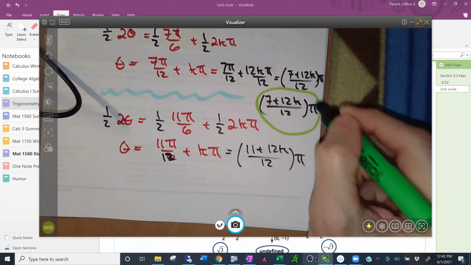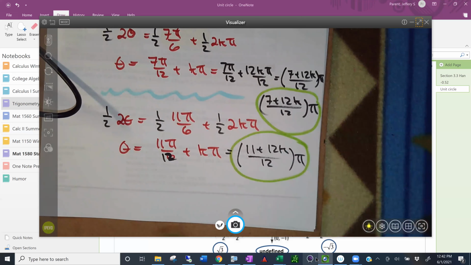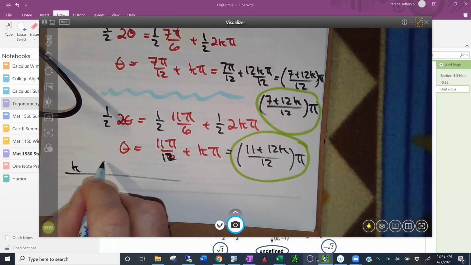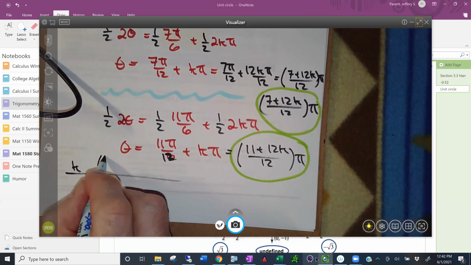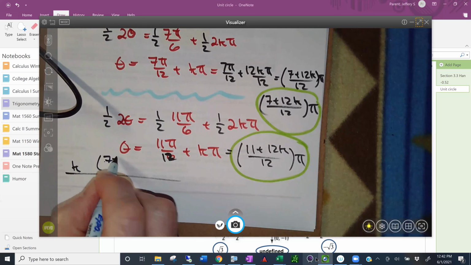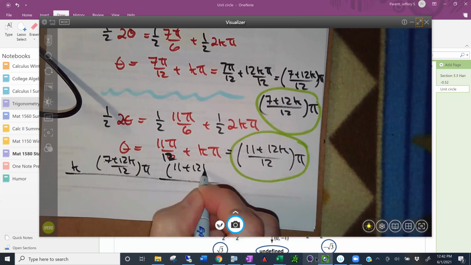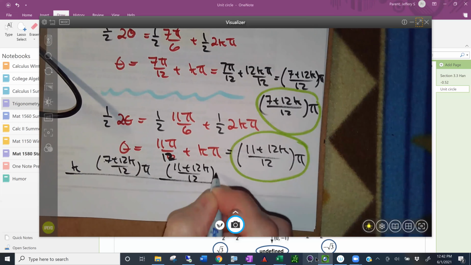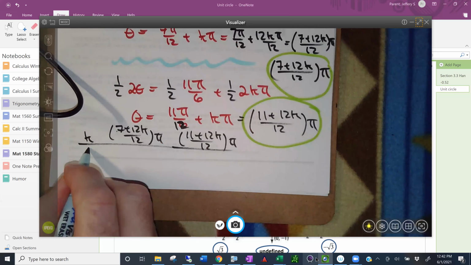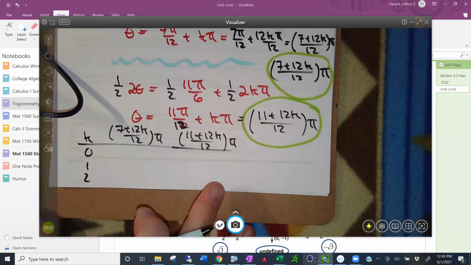And you can get as many solutions as you want, starting with those two. If you made a little list, k, and then call it theta 1 and theta 2, 7 plus 12k over 12 times pi, and then the other one, 11 plus 12k over 12 times pi. You can do k equals 0, 1, and 2 to see some of the first few solutions.